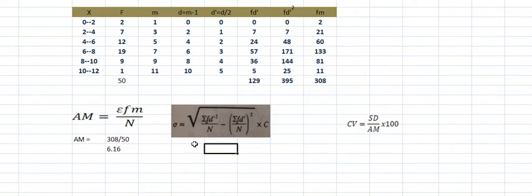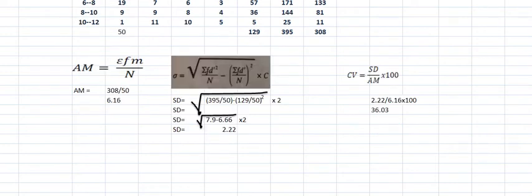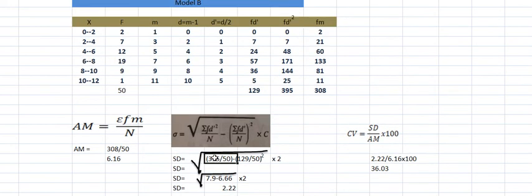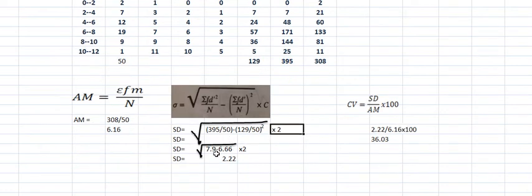Now we need to apply this formula. See the standard deviation solution now. What is your fd dash square? See, fd dash square is 395 divided by 50. fd dash is 129 divided by 50, whole square, and under the root, c is 2 here. So 395 by 50 is 7.9, and 129 by 50 is 2.58, squared, so you will get 6.66, and root into 2.